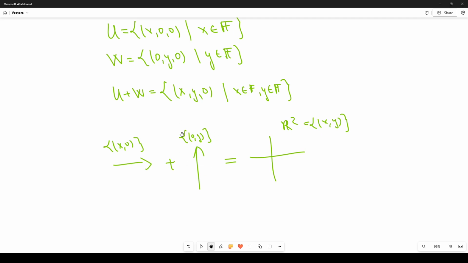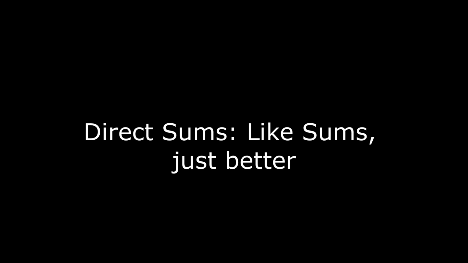And if I take this set containing all the ordered pairs where 0 is the first coordinate and y the second coordinate, well, then I would get this axis over here. And now if I sum up these two subspaces of the plane, well, I get the whole plane. I get all ordered pairs.